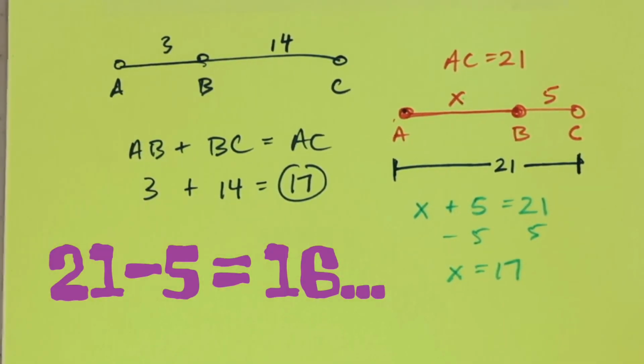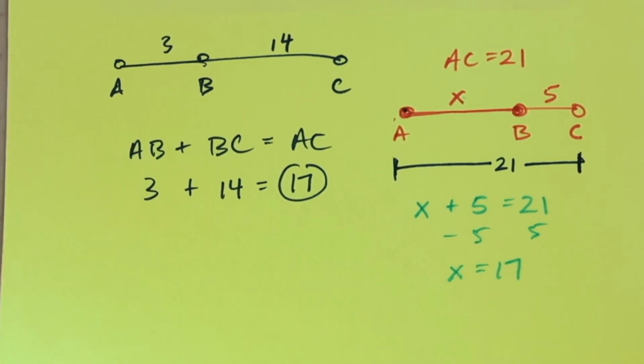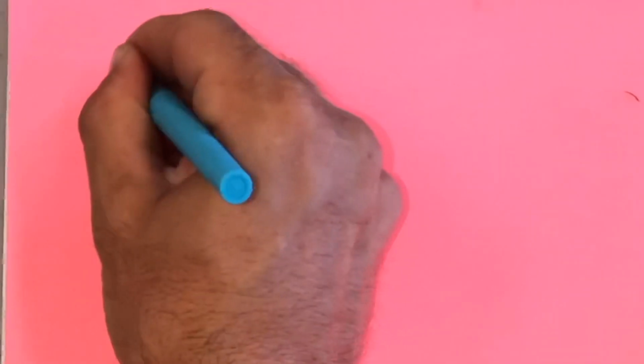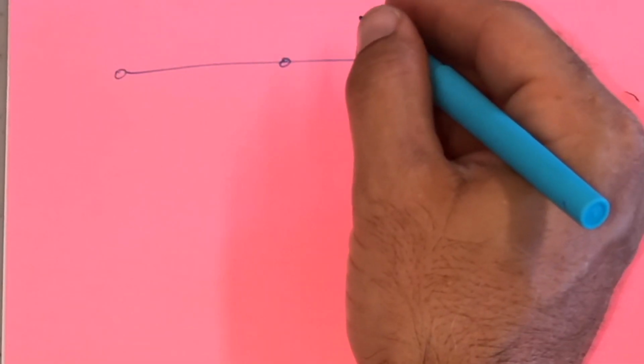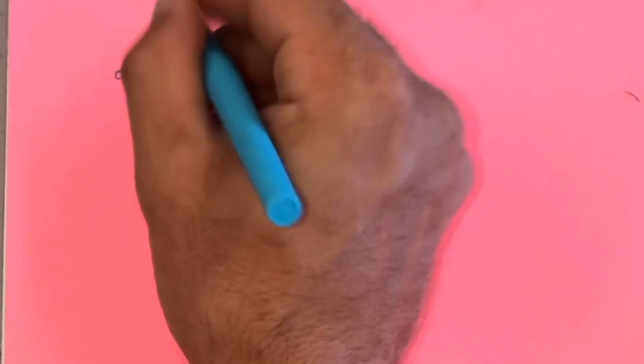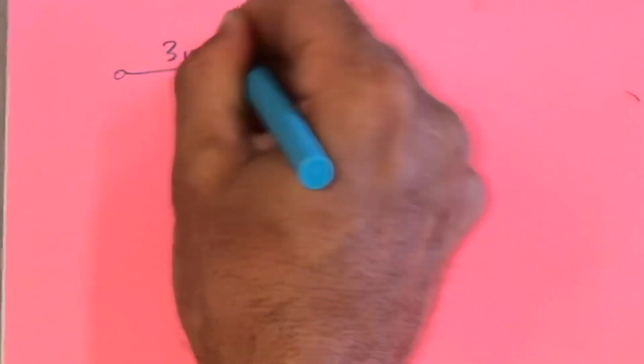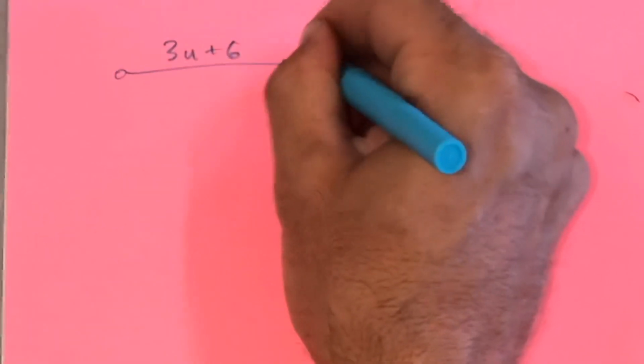Now this is a simple segment addition postulate problem, although you might be presented with one that has a little bit more to it. Maybe they don't give you measurements, maybe they're giving you expressions such as 3u plus 6 and 2u plus 4.